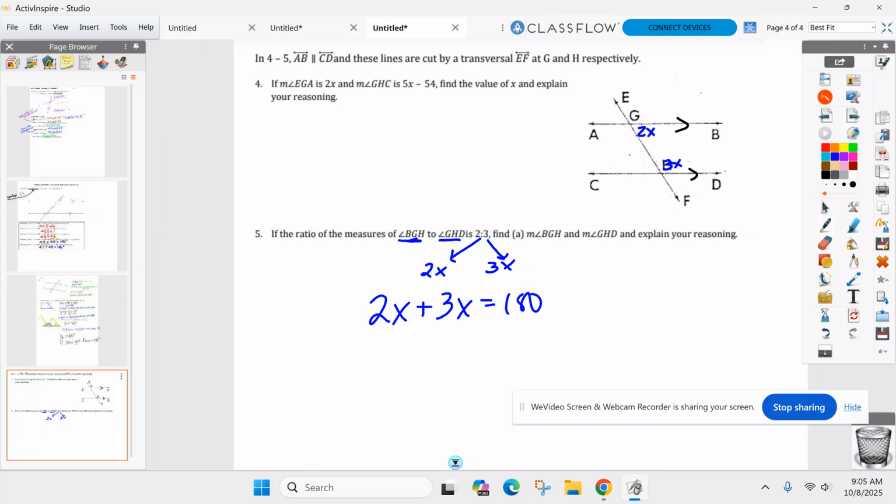And then it does say go back and plug it in for BGH and GHD. So finding X doesn't make you a winner here.